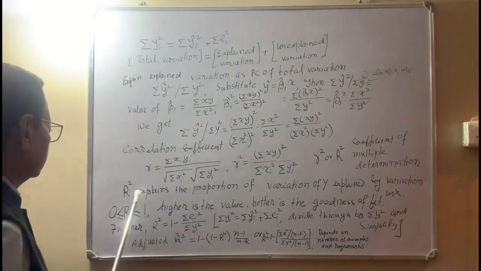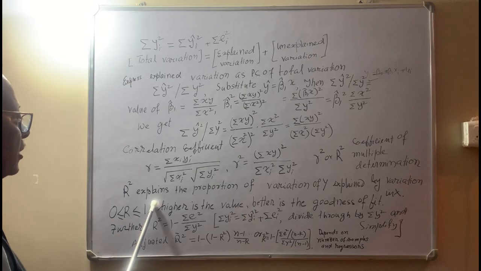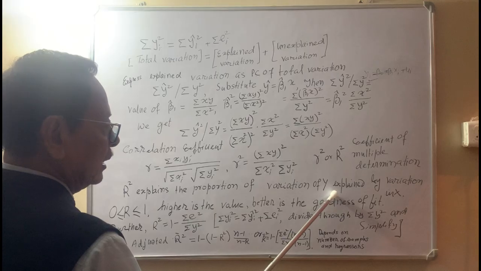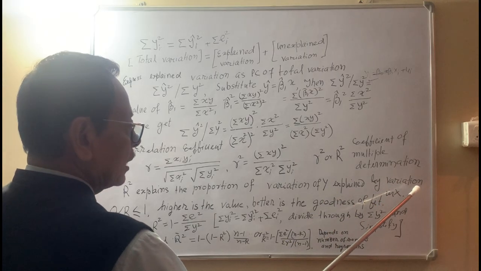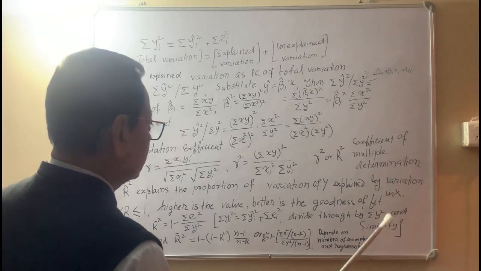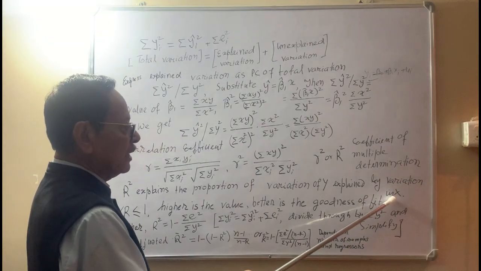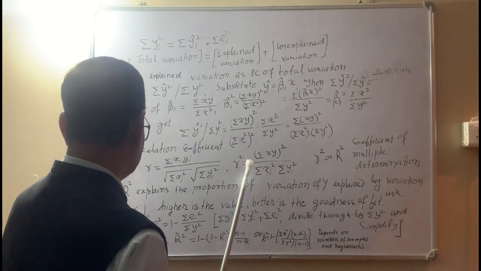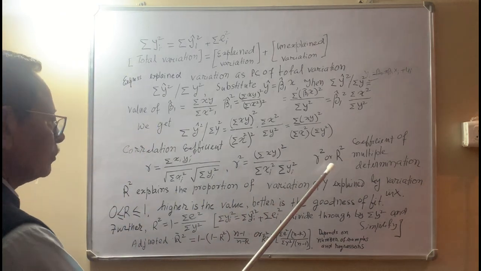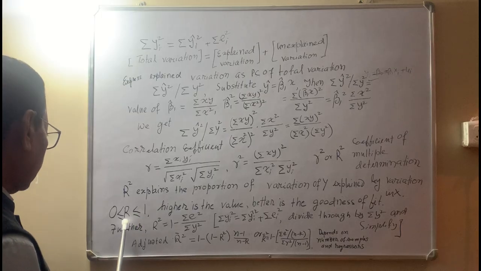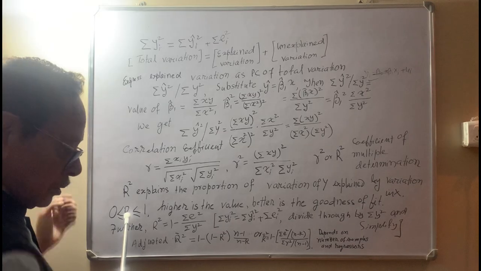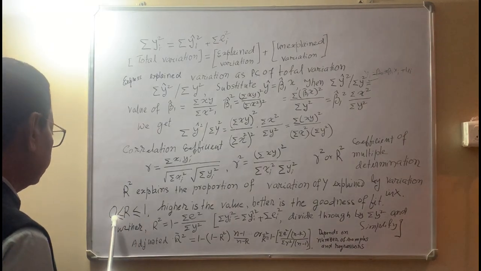Okay. So R square explains the proportion of variation of y explained by the variation in x. So when x varies, what will be the variation in y in proportion? Generally, the value of R square ranges between 0 and 1.